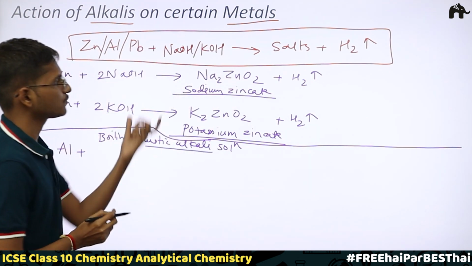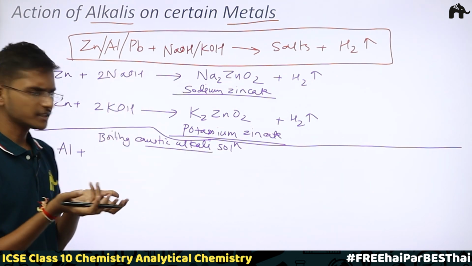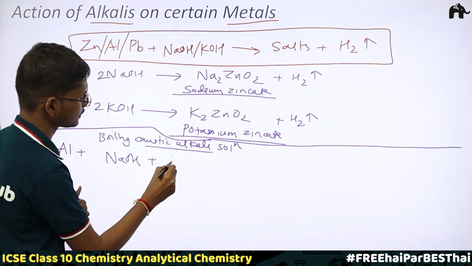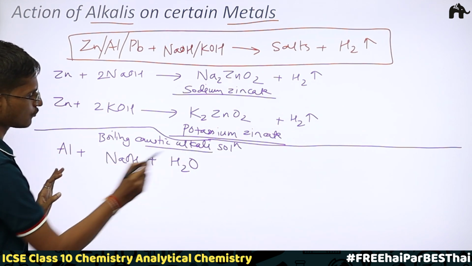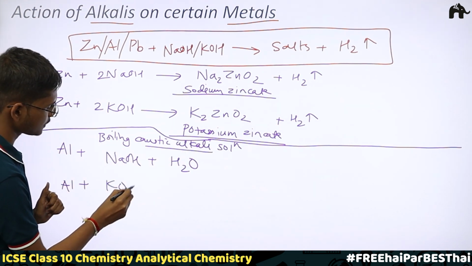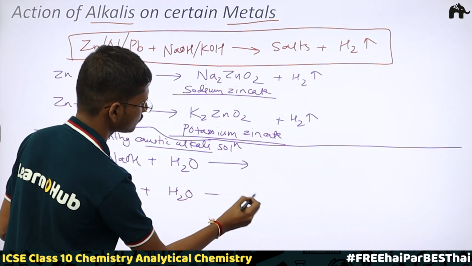Caustic alkalis means potassium hydroxide and sodium hydroxide. They are boiling solutions. So we take sodium hydroxide, and since we are talking about solutions, water would also be there, and then potassium hydroxide and water as well.